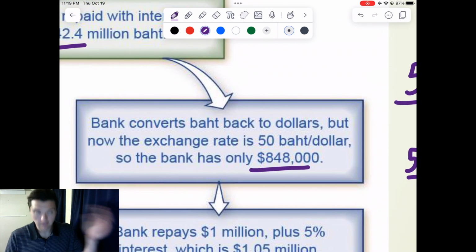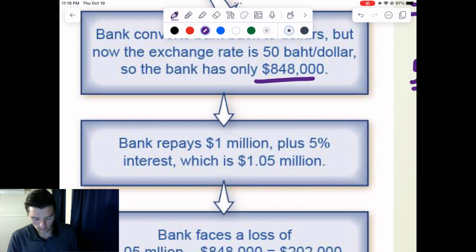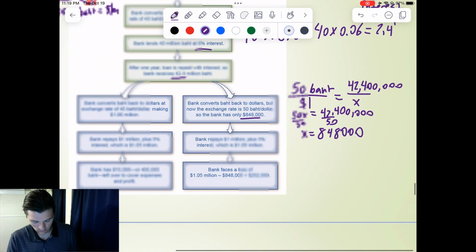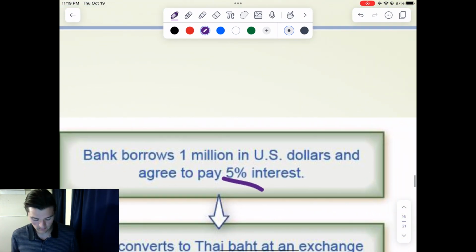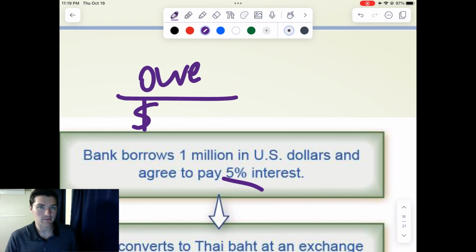So they have to pay back the loan here, right? And they pay back the loan of $1 million plus the 5% interest. So in the beginning over here, when the bank borrowed $1 million and they had to pay 5% interest, they know that they owe 1 million plus 5%. So that'd be 1 million times 5%.